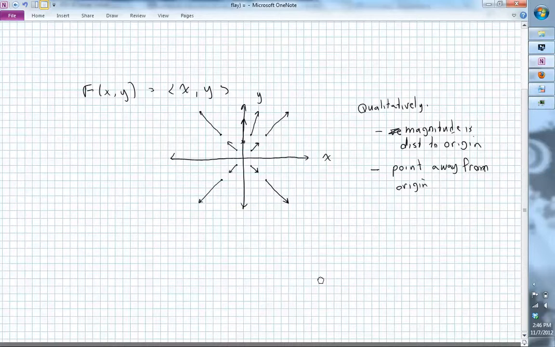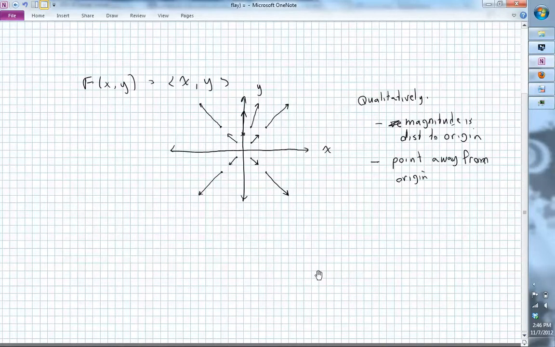Okay, now that you have the idea of taking a point and attaching a vector to it, let's do something that's a little less trivial. I want to look at this vector field.